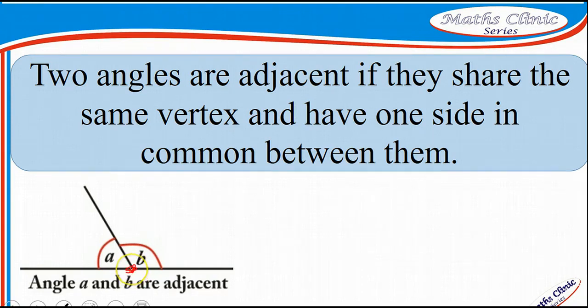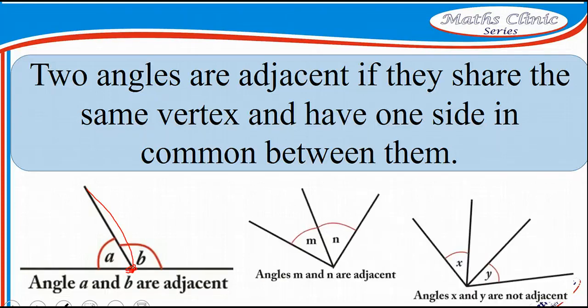Since they all meet at this very point, we say these two angles are adjacent, meaning that they have only one line between them. And normally we say adjacent angles on a straight line are supplementary, so they add up to 180. Not that they are supplementary, because it can be more than two.